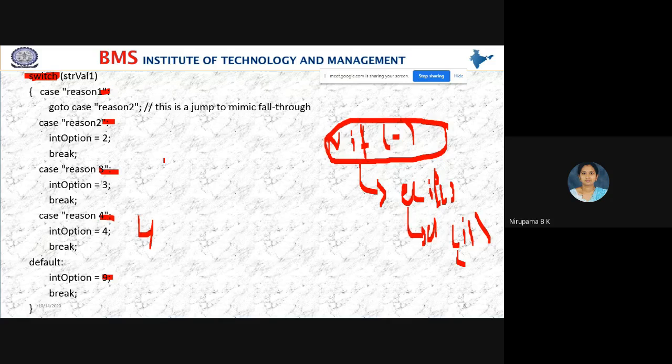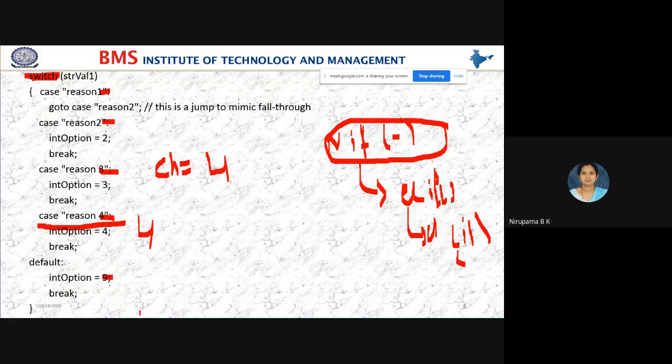For the choice value, the variable which I have taken is val1. If the value is equal to 4, then the flow of the program will directly go to case 4. It will not execute the cases sequentially one by one.